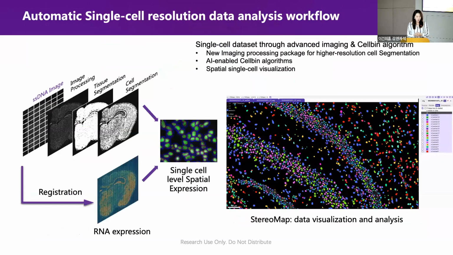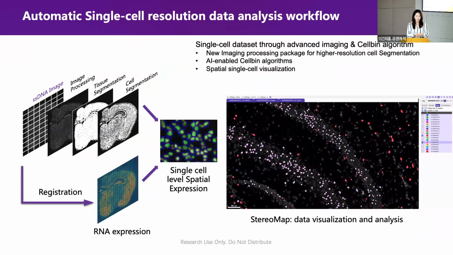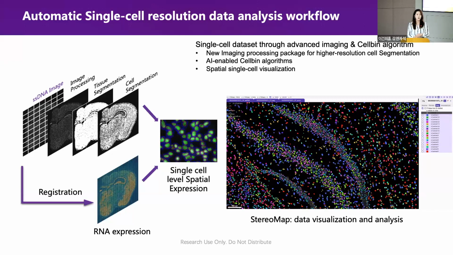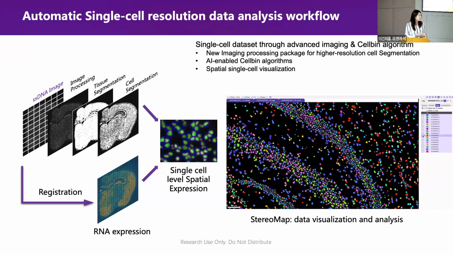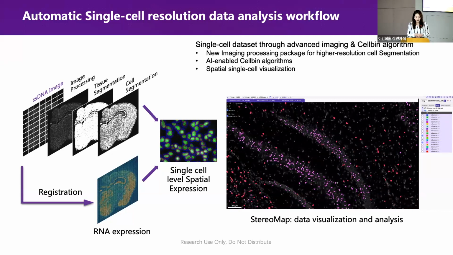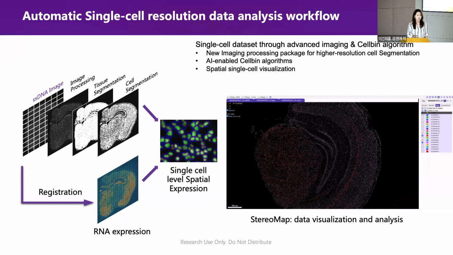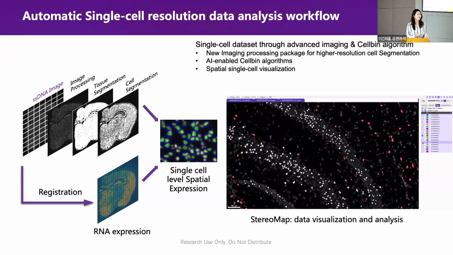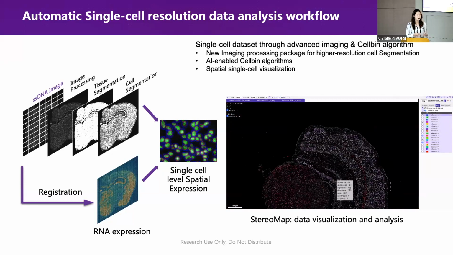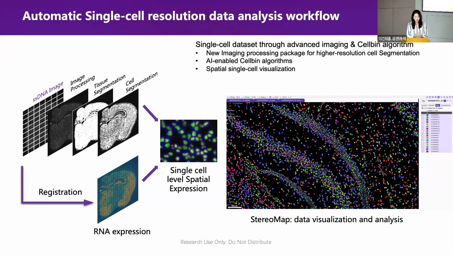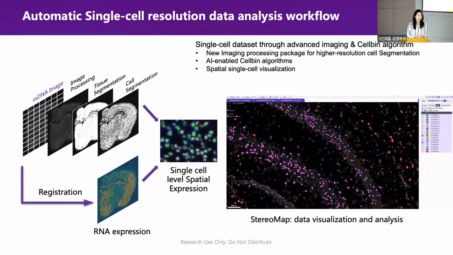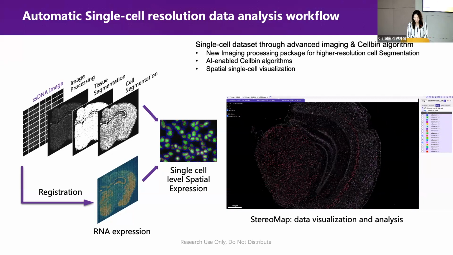For our automatic single cell resolution, we are providing an AI-induced machine learning algorithm that can help you achieve a single cell resolution with your tissue imaging sections. Our interactive visualization software is provided online and offline for you to be able to visualize the data and do ROI lasso for further analysis.